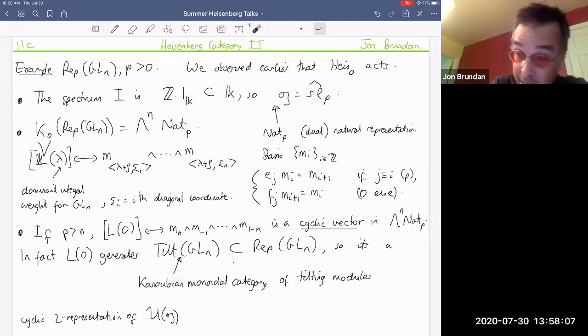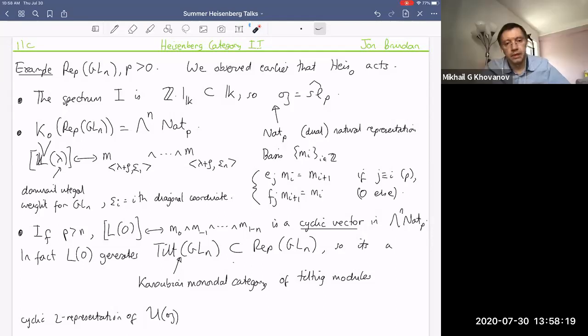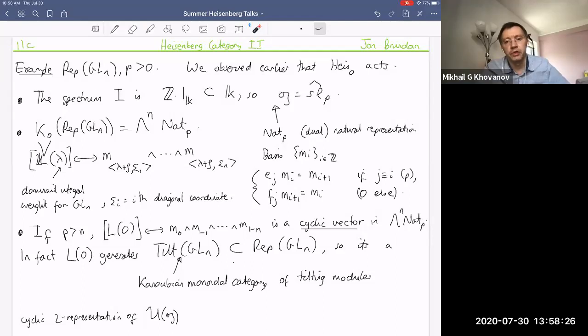For a highest weight category, you can take the standards or the tiltings or the irreducibles. They just give different bases for the Grothendieck group. It doesn't depend on which in highest weight categories.